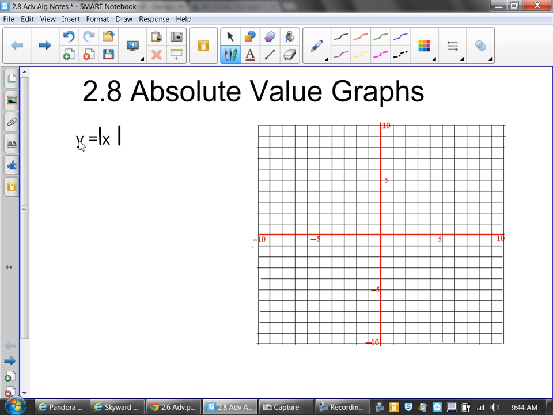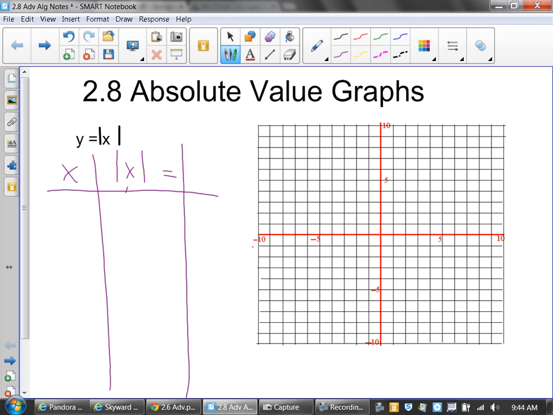What I want to do here with you guys real quick is start with the good old-fashioned table. And we all agree that the absolute value of a number is the distance away it is from 0.